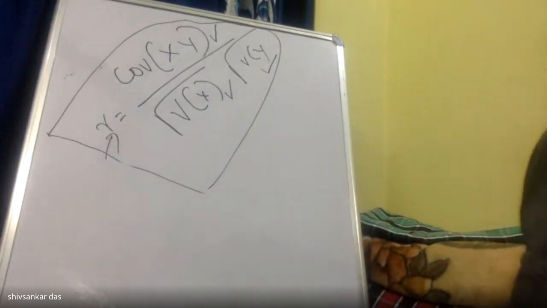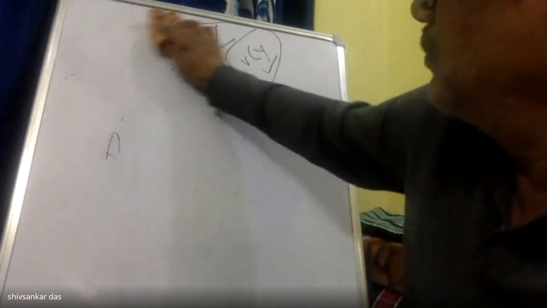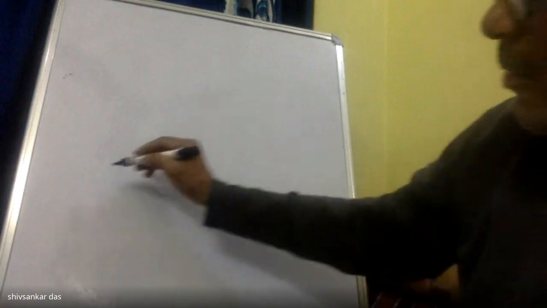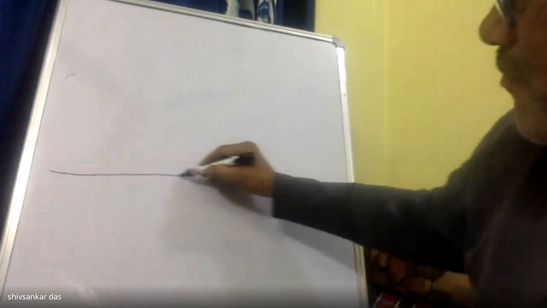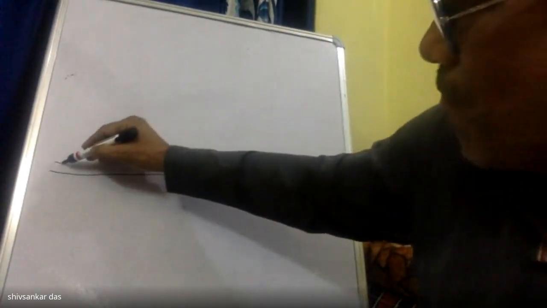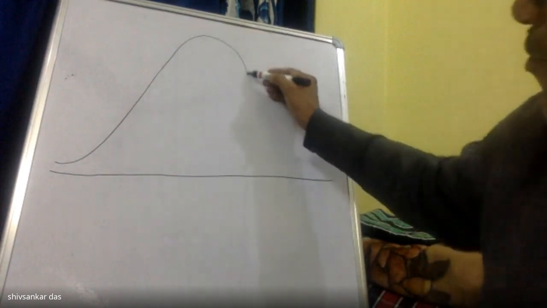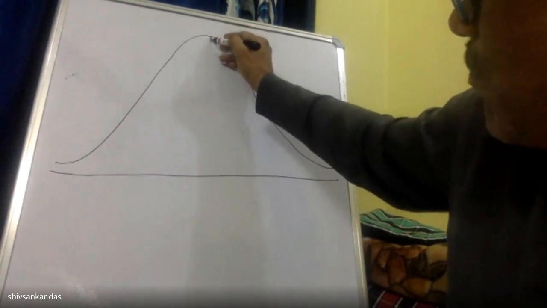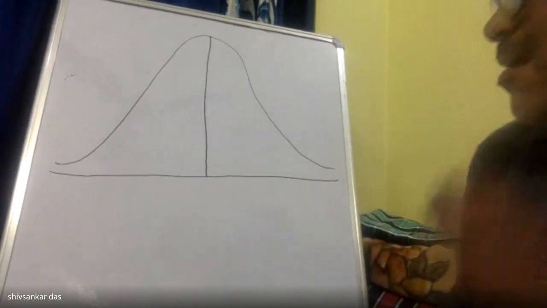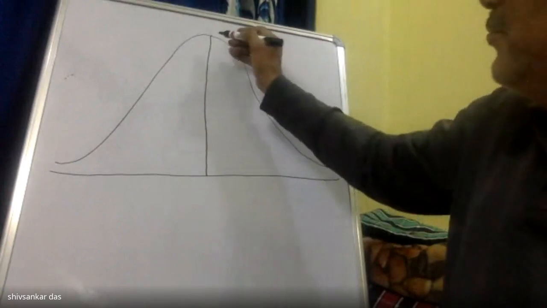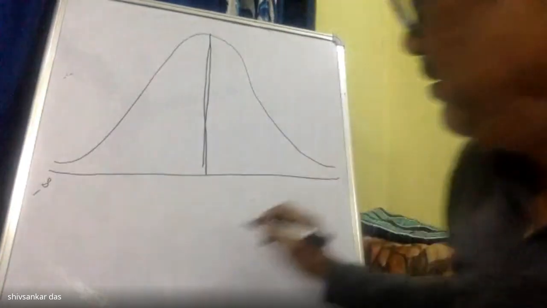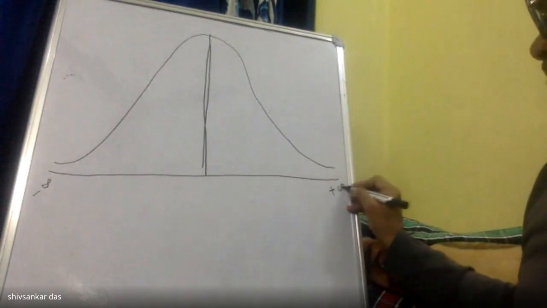Acha, suppose this is a graph. This is minus infinity. This is plus infinity.